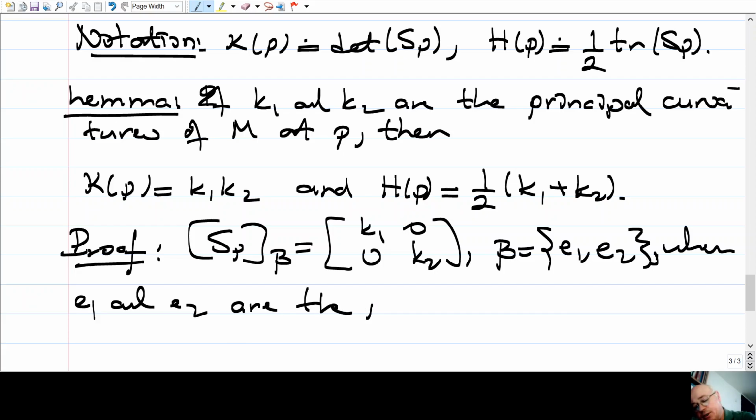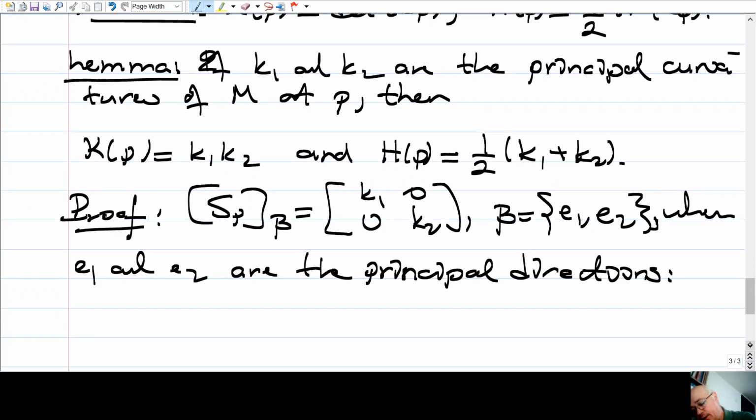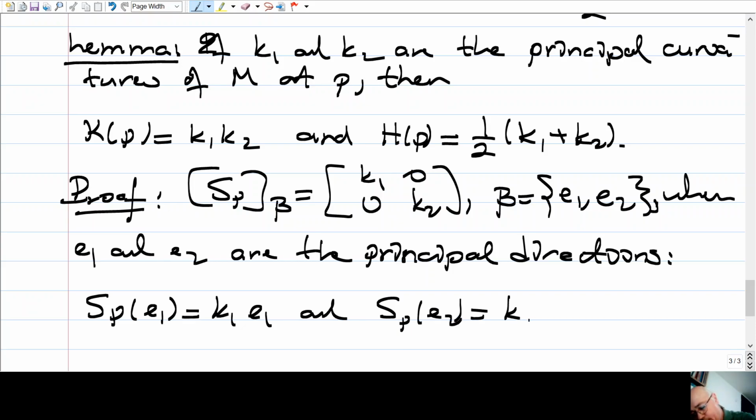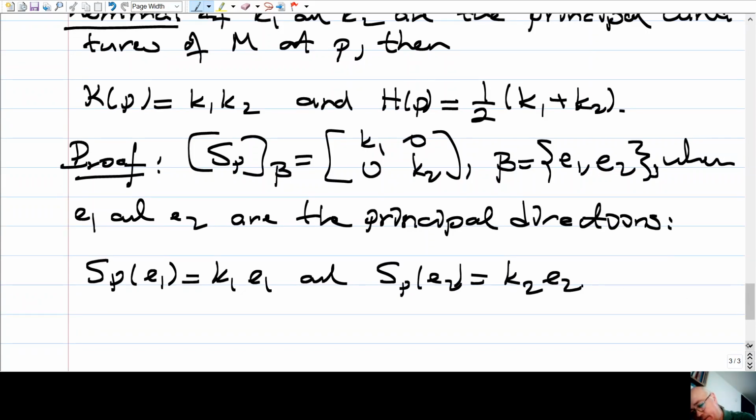This means S_P of E1 was K1 of E1, and S_P of E2 is K2 of E2.